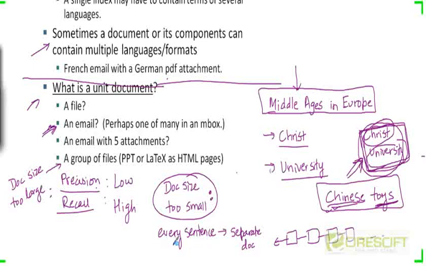By definition, because every sentence is being treated as a separate document. So all the doc IDs here correspond to sentences where the word Chinese and the word toys both appear.